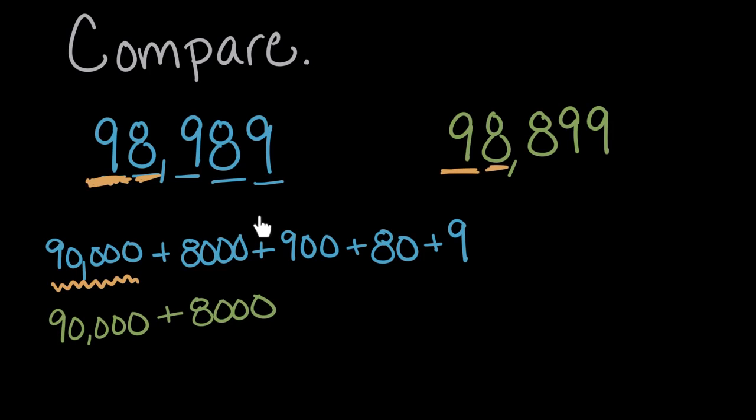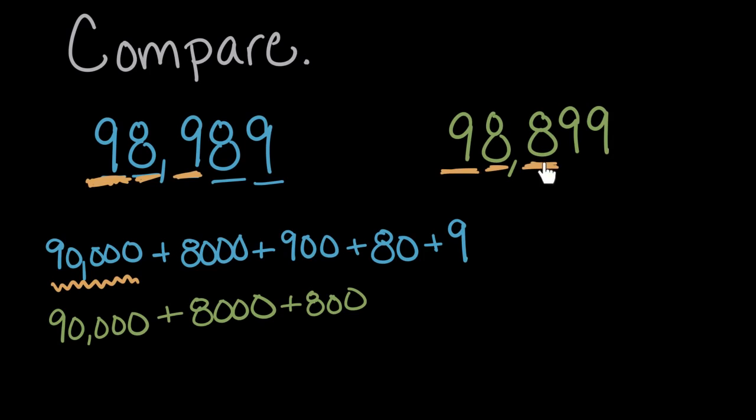So looking at what we've compared so far, these numbers are identical. Neither is larger than the other. So we're going to keep going, and again, we're going to pick the next largest place value, which is the hundreds. In our first number on the left, we have 900s, but on the right, we have 800s.